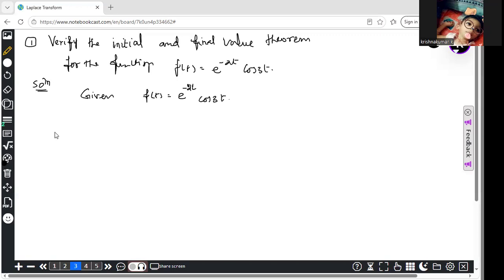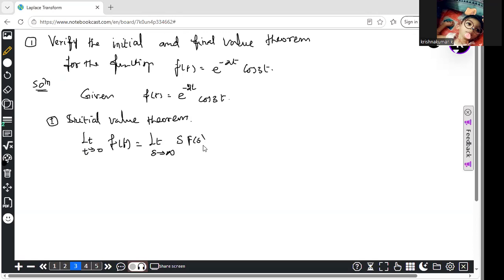First write down this statement. So first one is initial value theorem. Here initial means limit t tends to 0, f of t is equal to limit s tends to infinity, s into f of s. So this is initial value theorem.